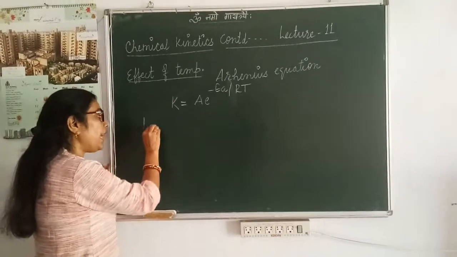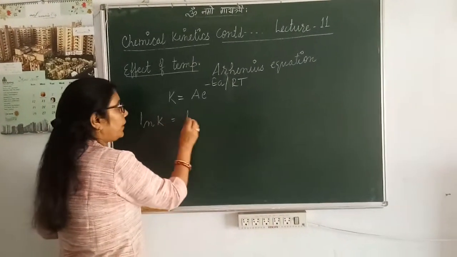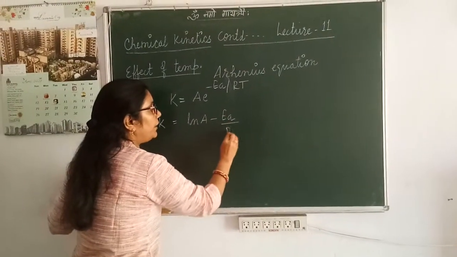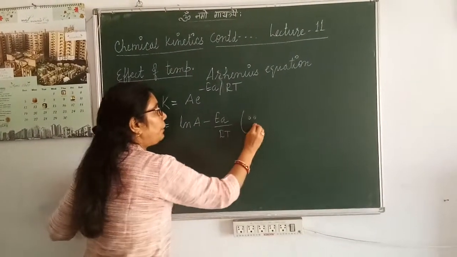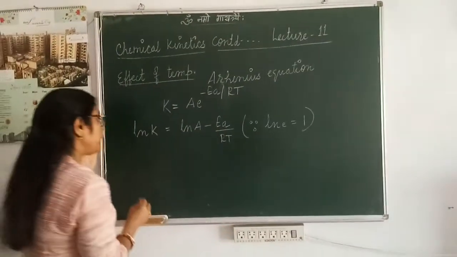Now taking logarithm, ln K is equal to ln A minus EA by RT, since ln e is equal to 1.